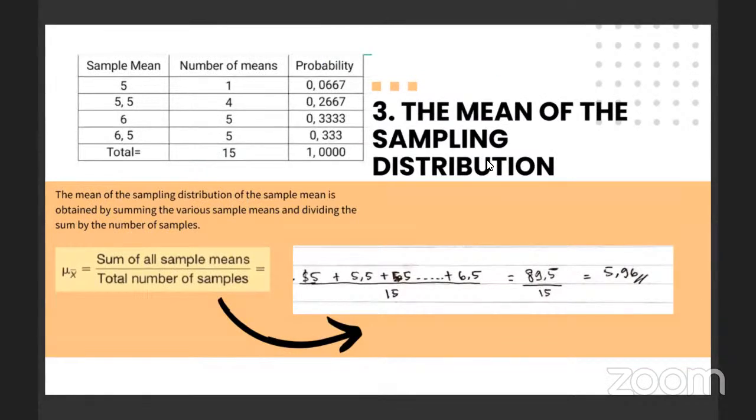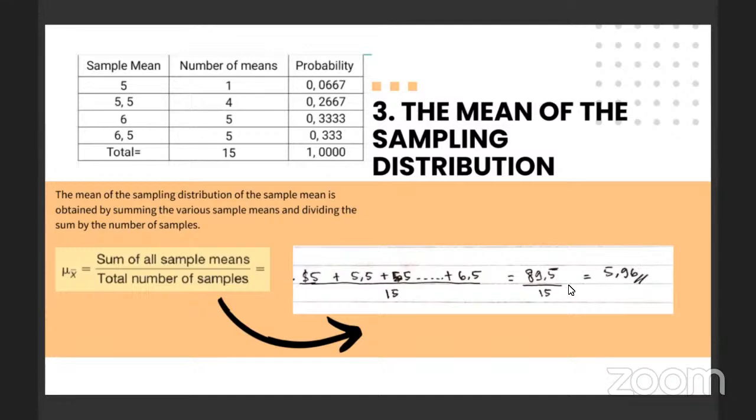Third is the mean of the sampling distribution. The mean of the sampling distribution of the sample mean is obtained by summing the various sample means and dividing the sum by the number of samples. The table above is summarized from the table before, on the screen before.